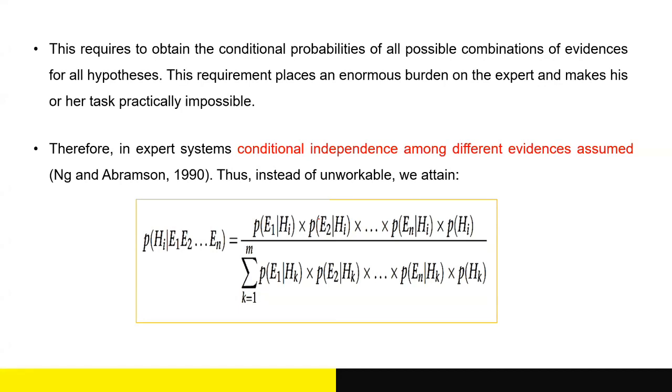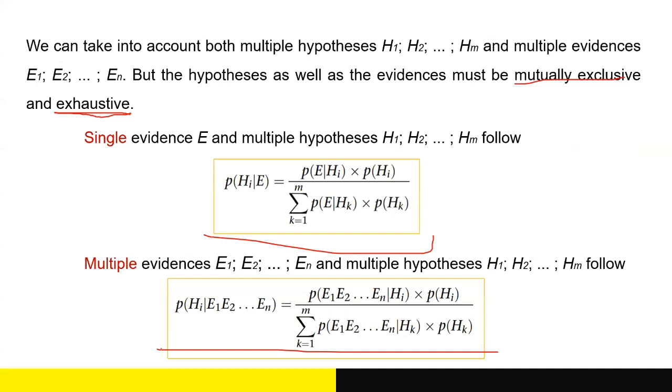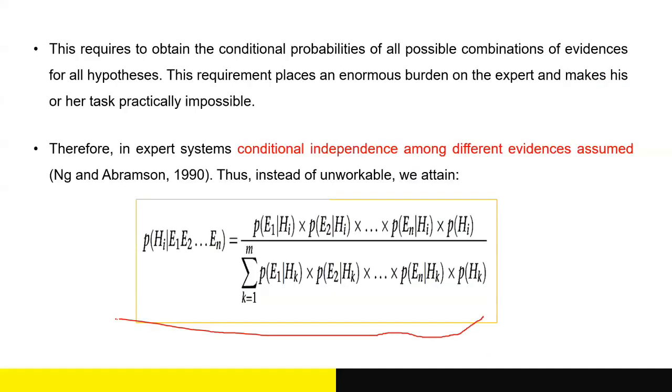So to simplify the task of calculating the probabilities of different hypotheses given a set of evidences, the assumption is often made. So we use this equation instead, since it would take a longer process if we used the other one.